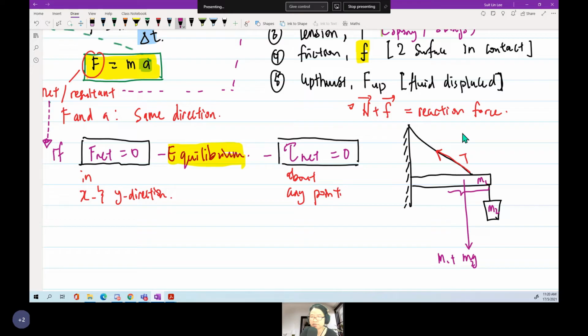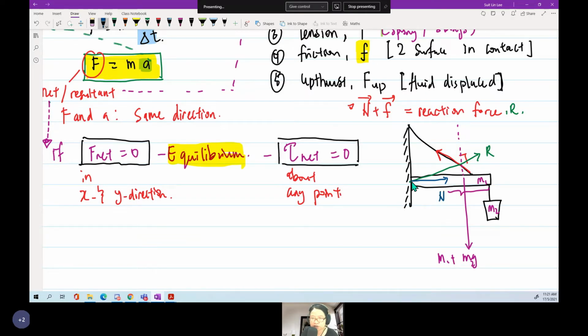The center of mass is here. New center of mass. So at the point where the beam touches the wall, sometimes they like to call this reaction force. This is R, the reaction force. But actually this reaction force is due to normal. Normal is pointing in this direction. Okay?